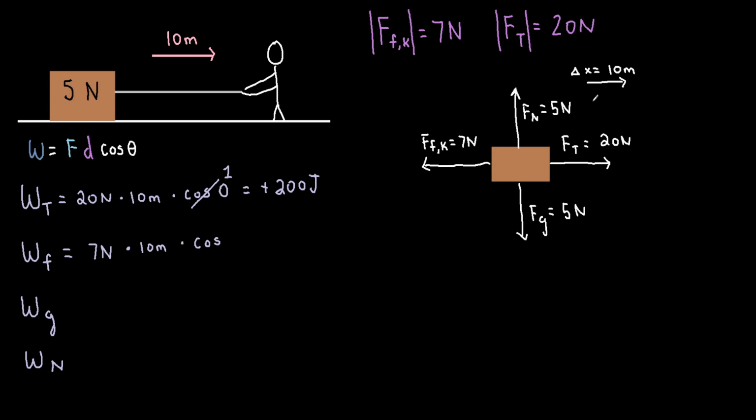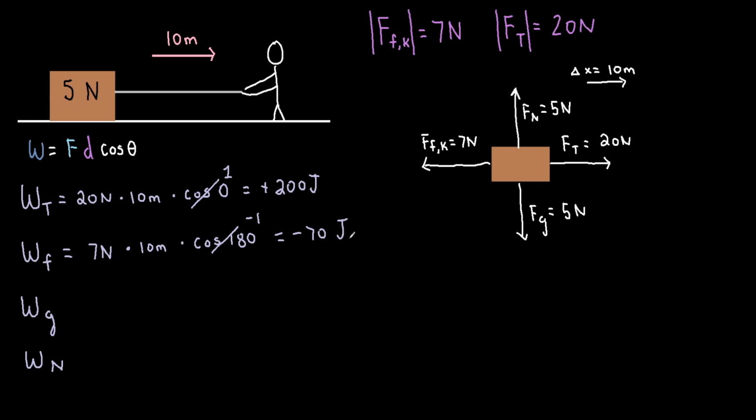And we see that the angle between these two vectors is 180 degrees, because they're both pointed in the opposite direction. So we will have cosine of 180. And we know that cosine of 180 is negative 1. So the work done by the friction force is going to equal negative 70 joules.